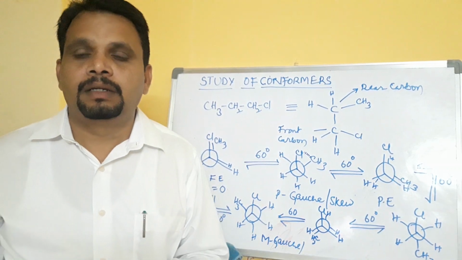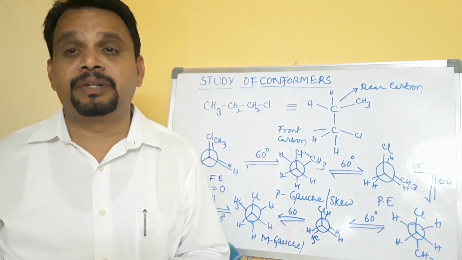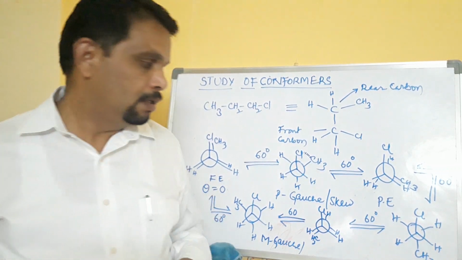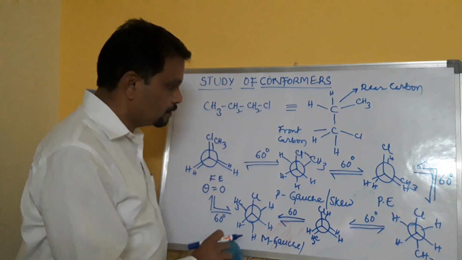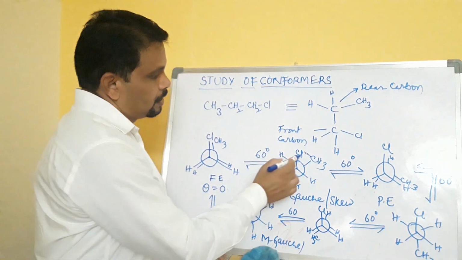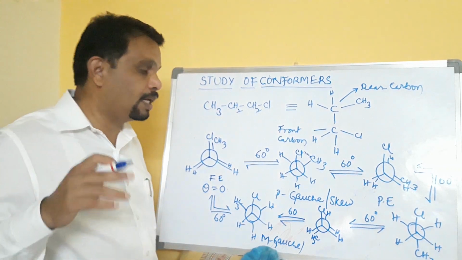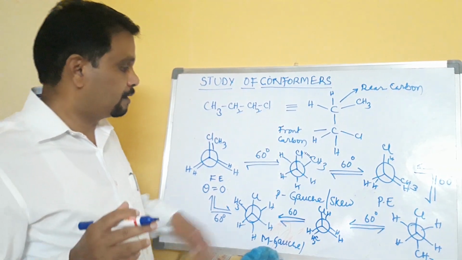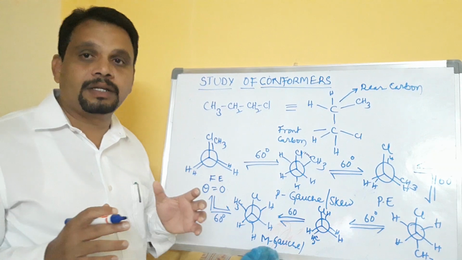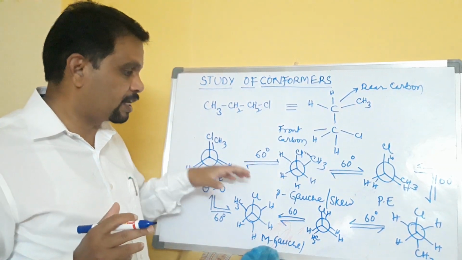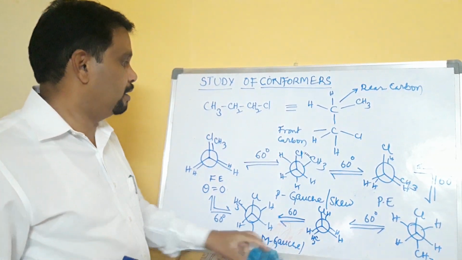Van der Waals repulsions contribute instability to the conformer. So here, between this group and this group, there is van der Waals attraction. So the final order of stability of these conformers can be written like this.